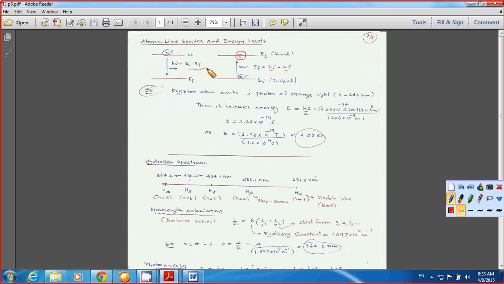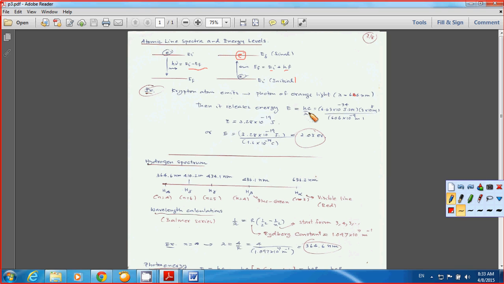Let's take a look at an example here. If a krypton atom emits a photon of orange light, which has a wavelength of 606 nanometers, then it will release the energy of the photon.